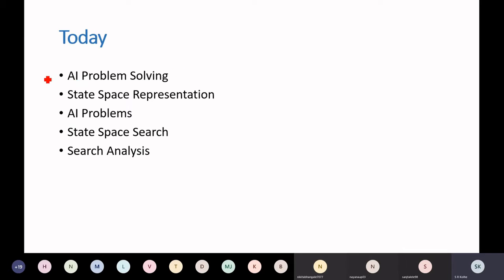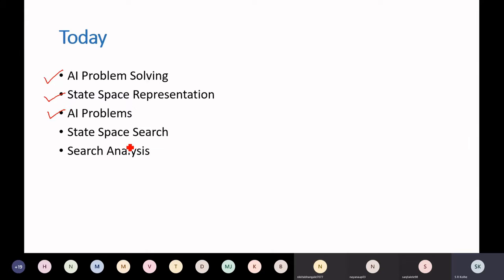First we will start with what the AI problem solving process is in general, and then we will switch to state space representation of the problem, which is one of the initial steps in the problem solving process. After that we will move to some of the common, simpler AI problems discussed in the literature of AI, most of which are simple puzzles.